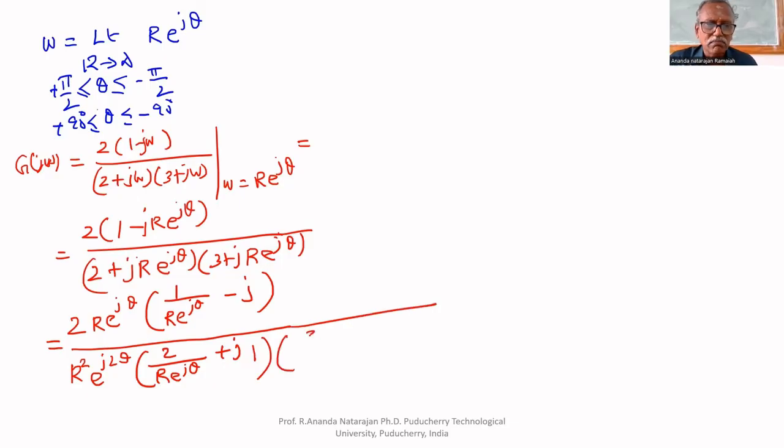Again 3 divided by R e power j theta plus j.